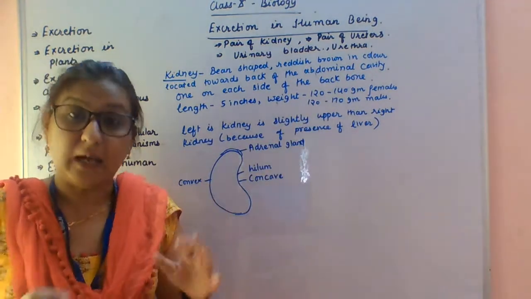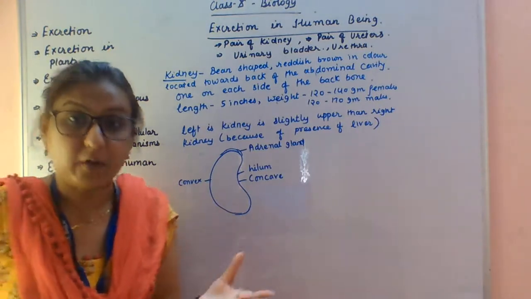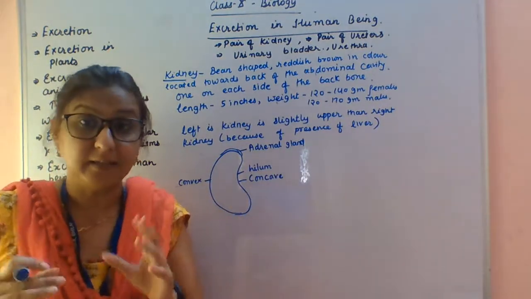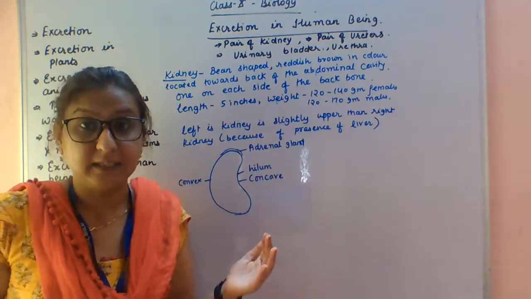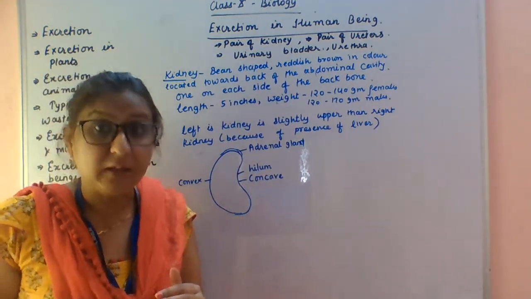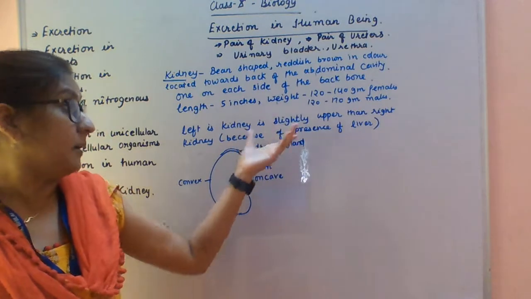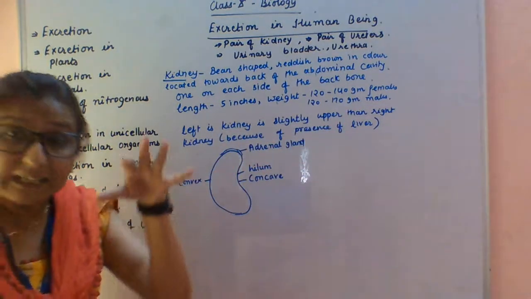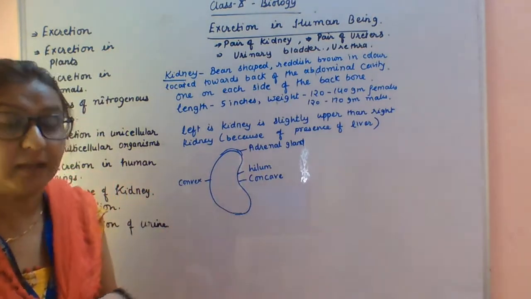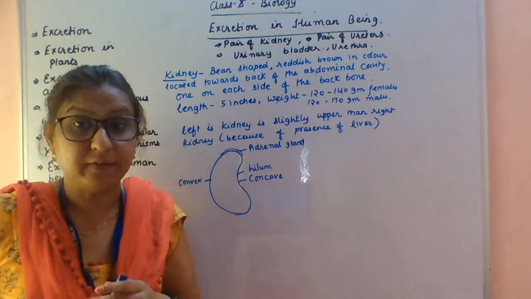Now, I told you there is a pair of kidneys, left kidney and right kidney. The left kidney is slightly higher than the right kidney because of the position of the liver. The liver pushes the right kidney slightly lower compared to the left kidney.